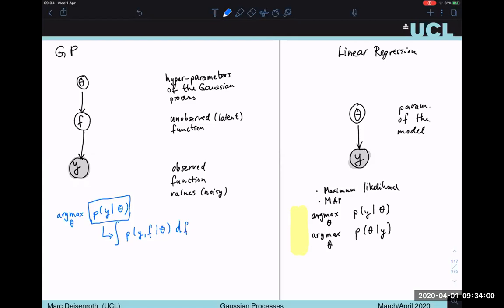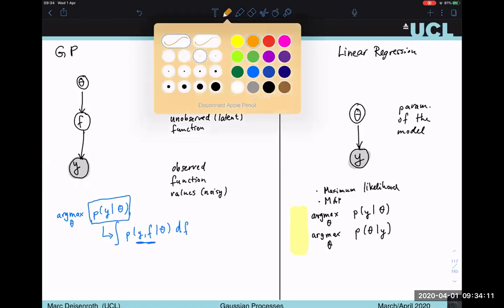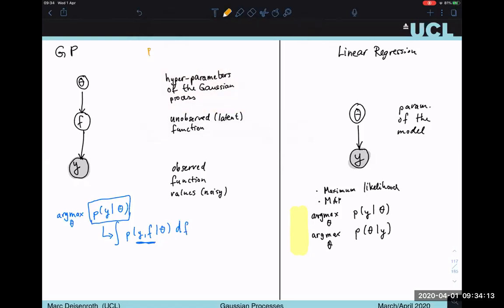Here we have a joint distribution between y and f, and we integrate out f, and we end up with exactly P of y given theta. Similar to, P of a is the integral of P of a comma b, db. That's the marginalization property, or sum rule, that we just used.